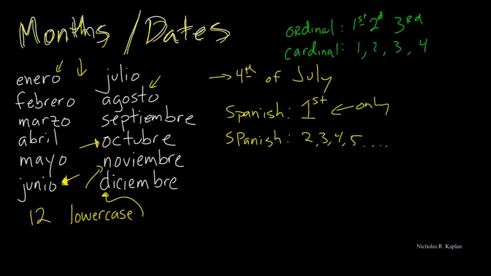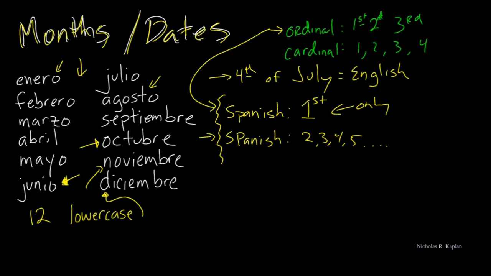Does that make sense? So in English, we would say July 1st, July 2nd, July 3rd, July 4th, July 5th, July 6th, etc. But in Spanish, we only use our ordinal numbers only for the first, and then we use cardinal numbers for the rest.